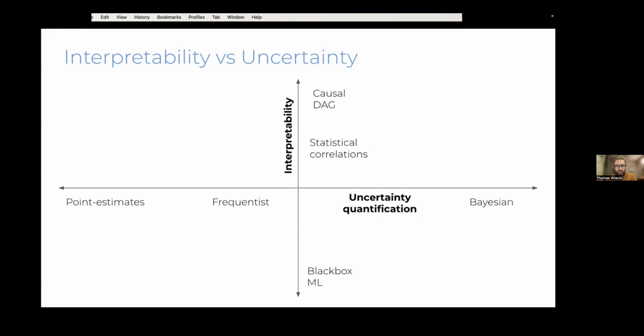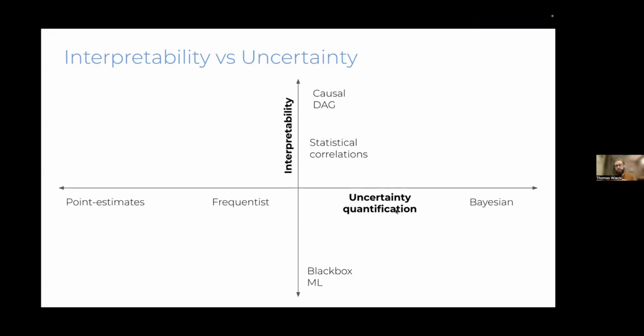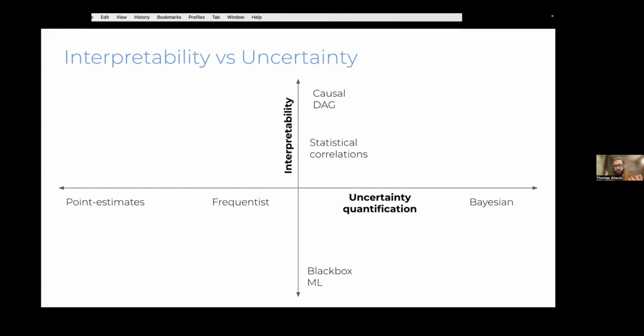But sometimes we really need to learn and understand about our problem, like in marketing analytics, right? Like which marketing channel is the most effective. So that's why there's the causal approach at the top here. And then orthogonal to that, we have uncertainty quantification, right? Are we actually tracking how certain we are about the results we're getting?